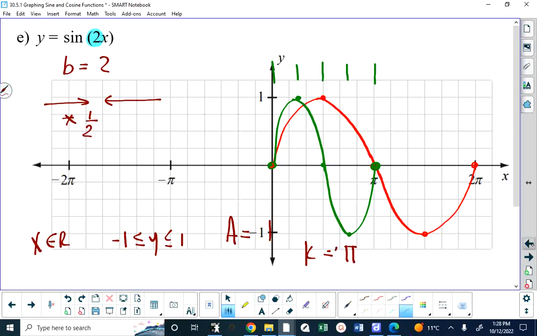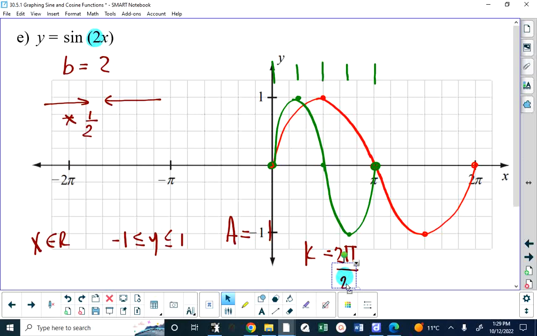Would you agree the period is 2 pi over 2? Two pi over 2 is pi. The period's always 2 pi over b, which kind of makes sense because you're dividing by b, which is the equivalent of multiplying by the stretch factor.